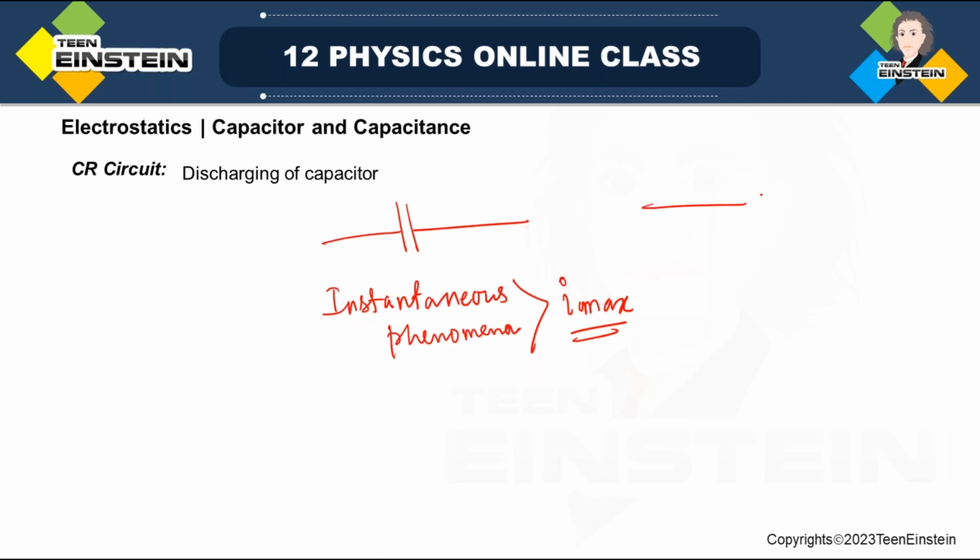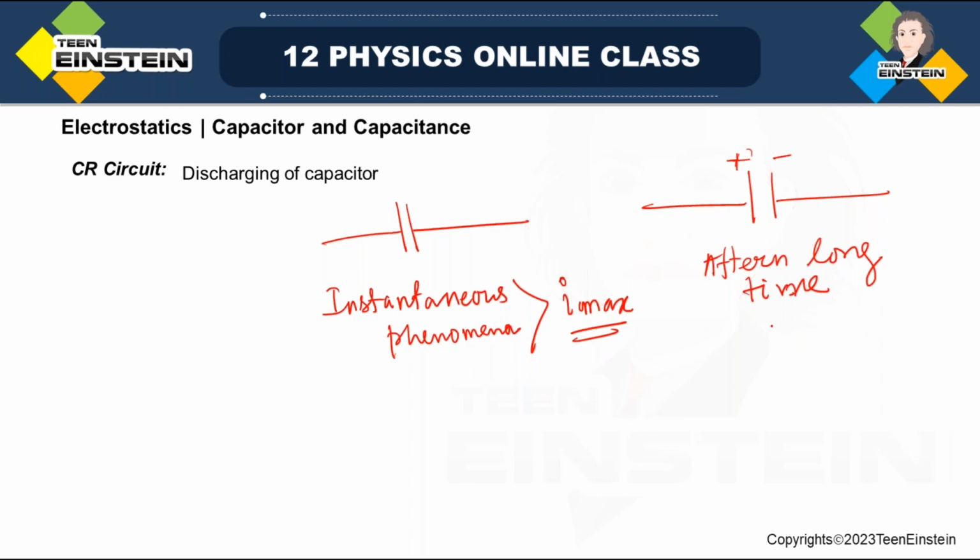After a long time, what happens? It got charged, so it will oppose the current flow in the circuit. After a long time, the voltage drop across the capacitor plates will be the same as the battery source.